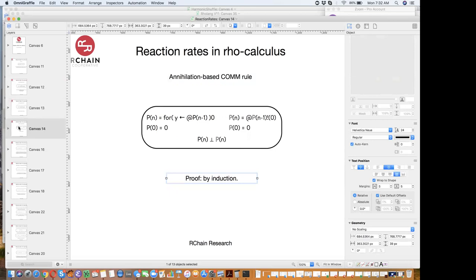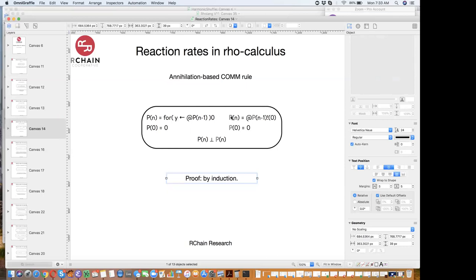So now let's look at some other names. I'm going to design a namespace, and I'm going to have a sort of a positive side and negative side to that namespace. And it's pretty easy to specify both sides recursively. And I'll use an index n. So P of n is the process that's generated by doing a for comprehension using @P of n minus 1 as the target for receiving a data value at y.